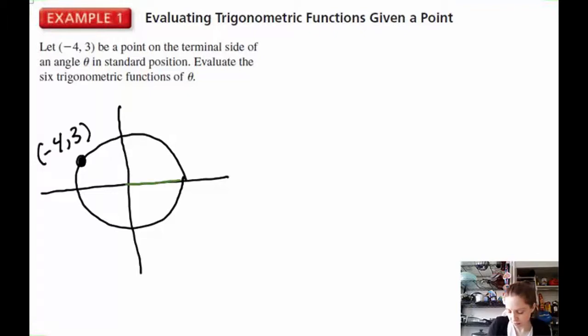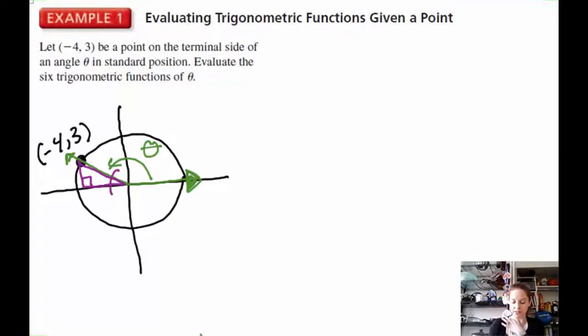So let me draw my angle. Here is the terminal side. And this is theta. And now I'm going to create the right triangle. Here's the right angle, and I've marked my reference angle.